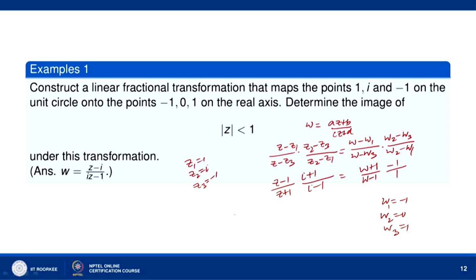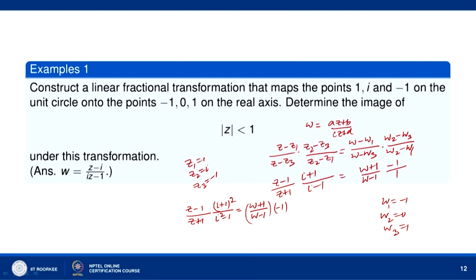Okay. So, what we get? z minus 1 over z plus 1. This I can simplify: i plus 1 over i minus 1, I can multiply by i plus 1. So, i plus 1 whole square divided by i square minus 1, we have, equal to W plus 1 divided by W minus 1, into minus 1, since W2 minus W3 is minus 1 and W2 minus W1 is plus 1.